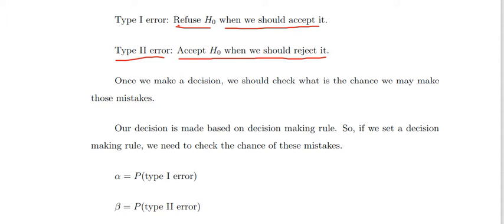The other case is their suggestion is bad, but we listen to them. We should reject, but we accept. Such a mistake is more serious. Some people give us bad advice, and we just take it. This is a big mistake, the type 2 error.